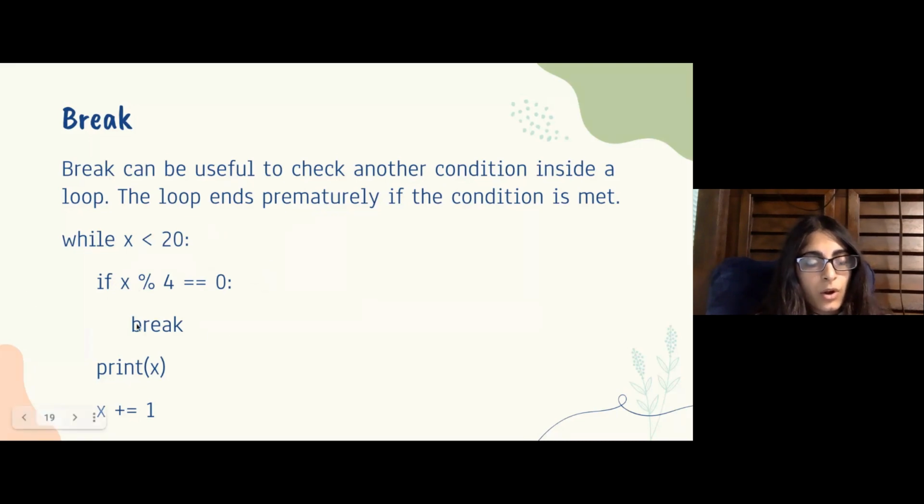And so our code breaks. Even though 4 is less than 20 and 5 is less than 20, it normally would have continued. This condition, when it's met, is going to break our code.